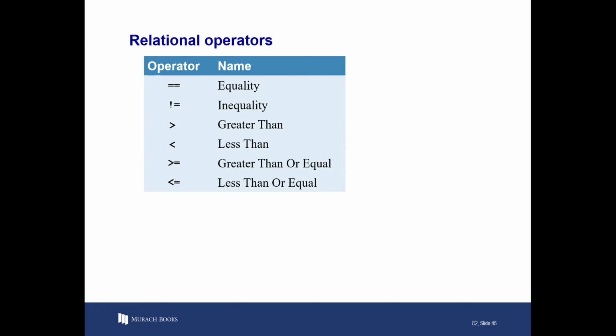There is also inequality, when the two numbers are not equal to each other. You can also check whether the number is greater than, less than, greater than or equal to, and less than or equal to. And generally, all of these are written inside cases, which are like if else conditions.